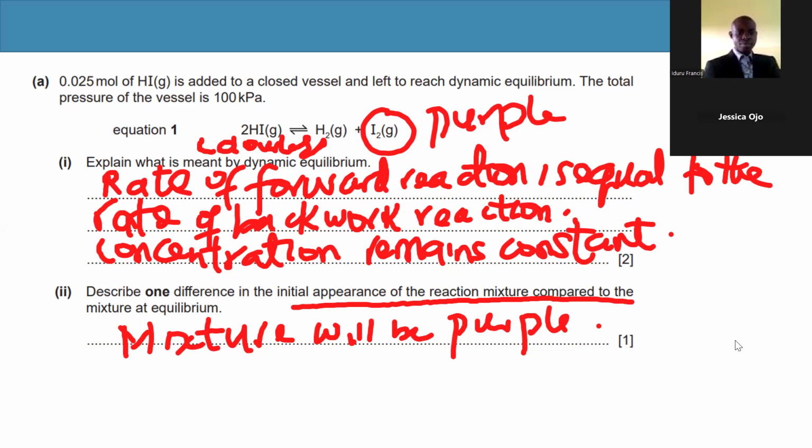Then when it gets to equilibrium, the purple color will be evenly distributed. But before it gets to that, since a small amount of purple is there, it will overshadow the colorless hydrogen iodide. So that is correct as well.